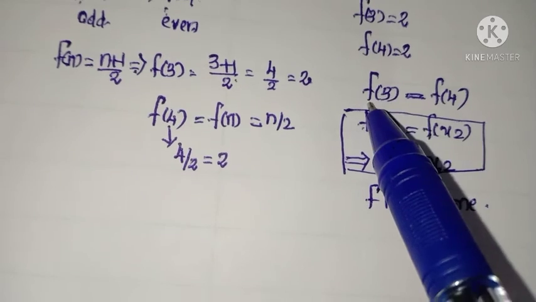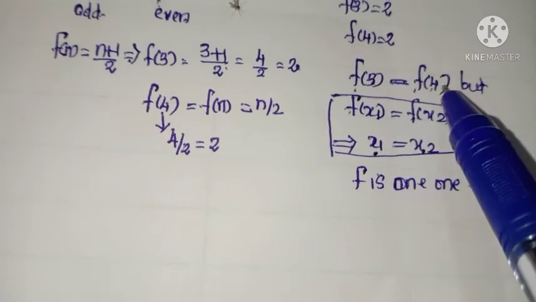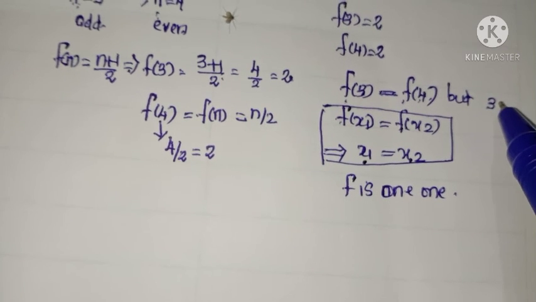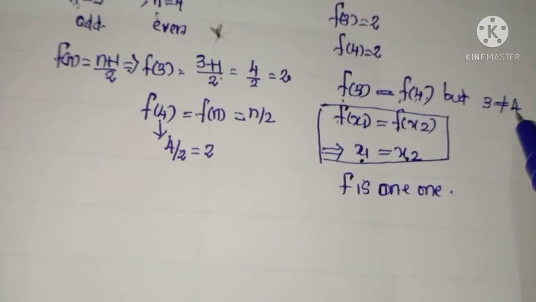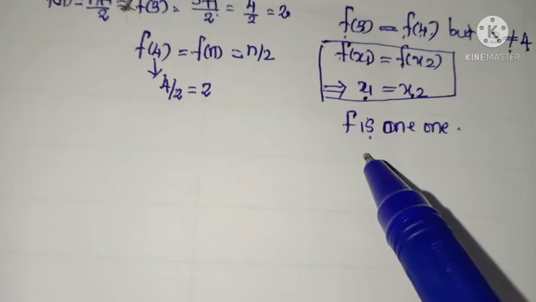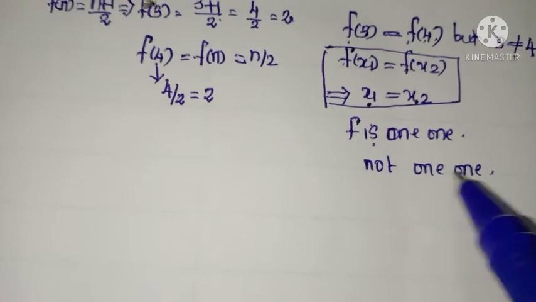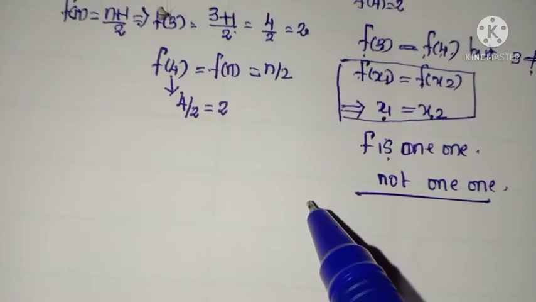Here f of 3 is equal to f of 4, but the elements 3 and 4, listen, 3 is not equal to 4. So the function is not 1-1.